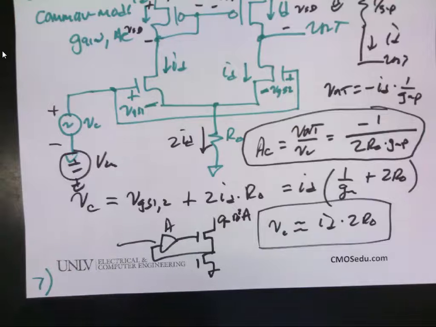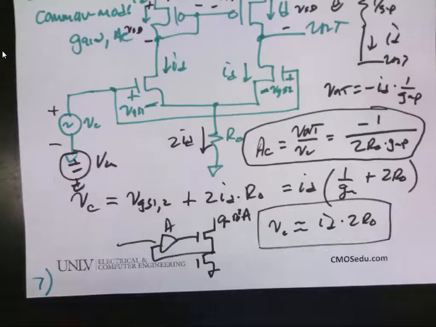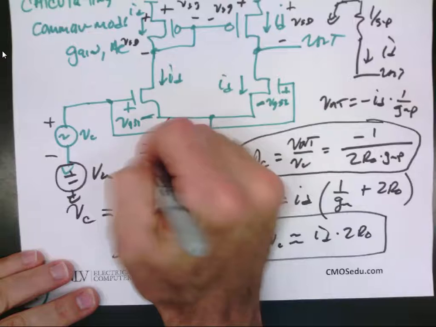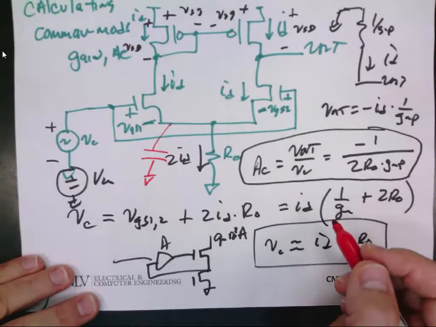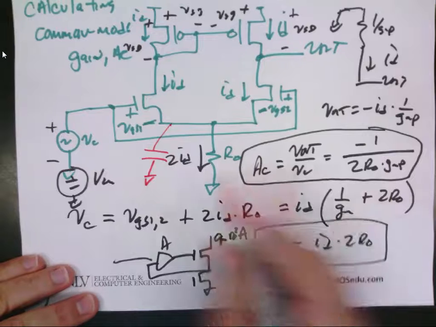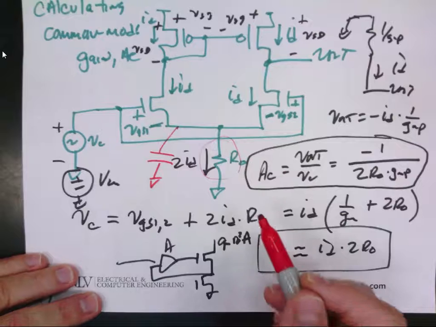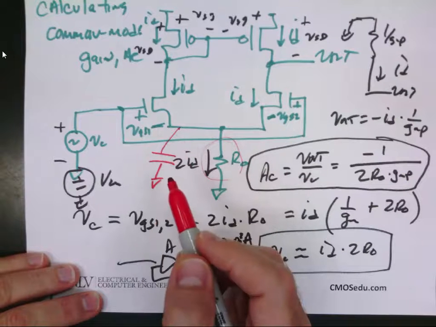Well, okay, so here's the problem. If you do that at a certain frequency, the parasitic capacitance here starts to become an issue. Instead of this dominating the impedance at the node, you start getting a displacement current through that capacitance.